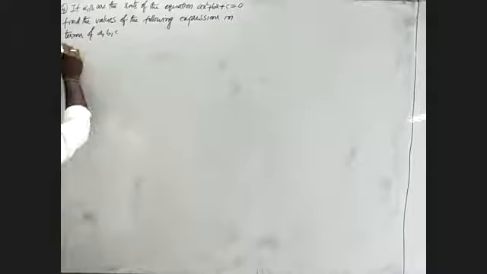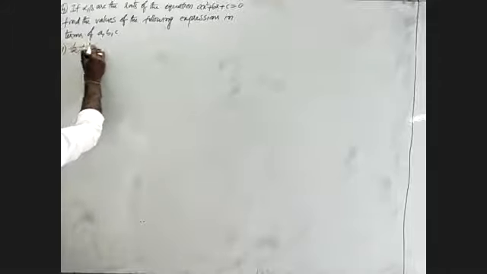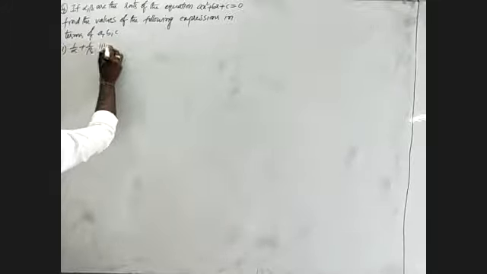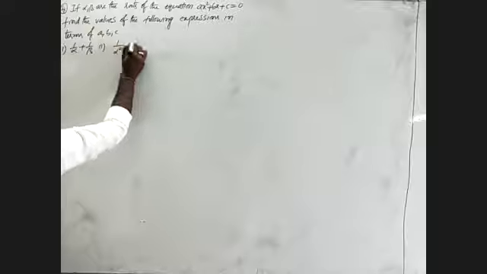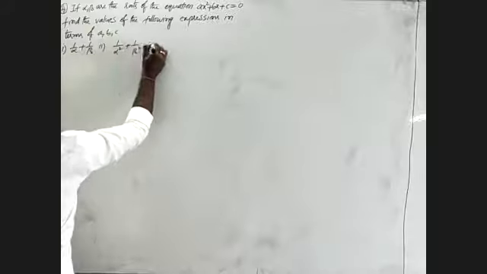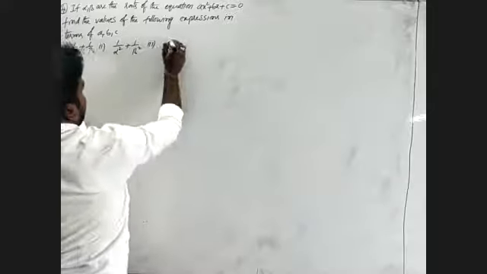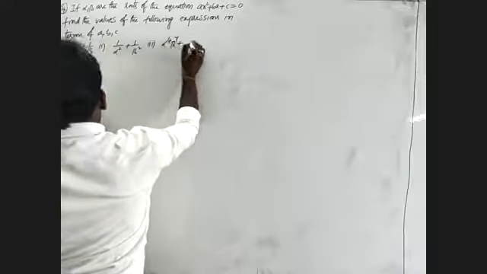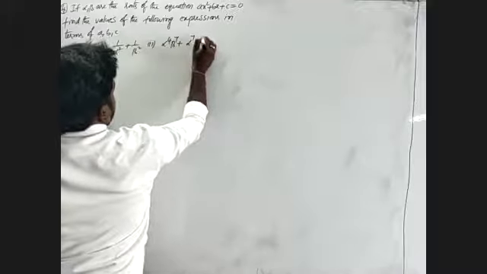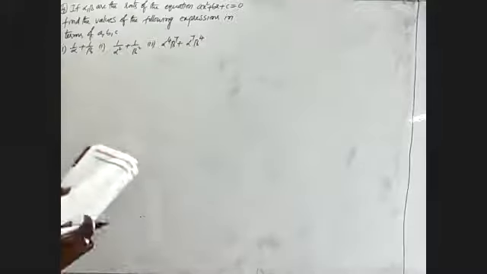The first one is 1 by alpha plus 1 by beta. The second one is 1 by alpha squared plus 1 by beta squared. The third one is alpha power 4 beta power 7 plus alpha power 7 beta power 4.